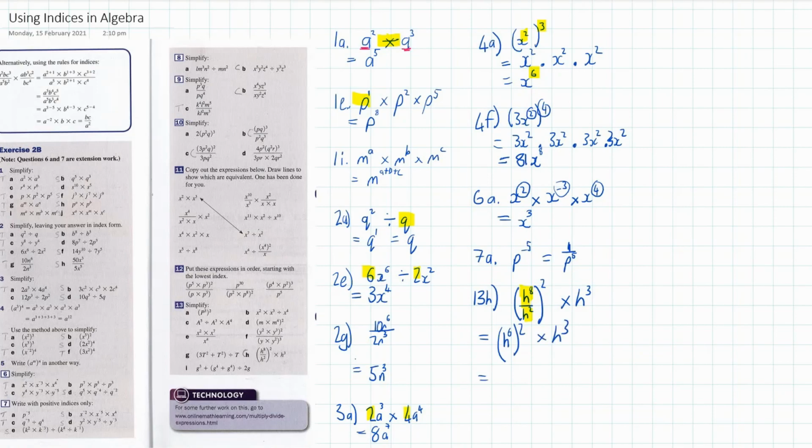Now, BEDMAS, so the second thing is going to be exponents. So we're going to go h to the power of 6 squared, which gives us h to the power of 12. And we're going to multiply that by h to the power of 3. Our final line is going to be h to the power of 12 plus 3, or h to the power of 15.